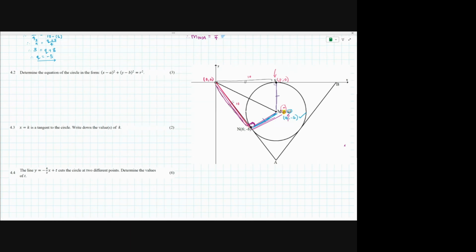If M is 5 units down from my x-axis, that means my radius is 5 units long. So r squared would be 25. So I actually have all of the information that I need. So MS, which is our radius, is equal to 5 units.